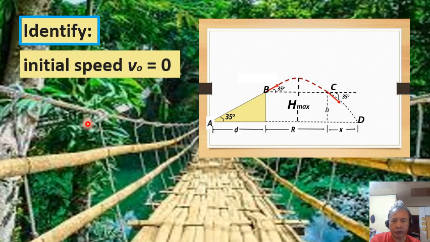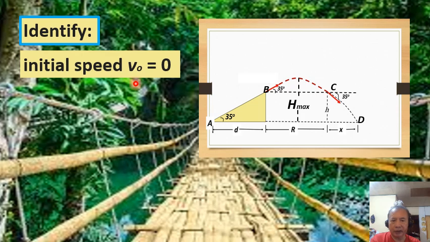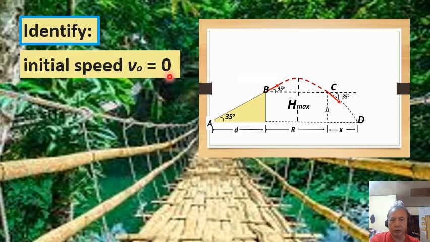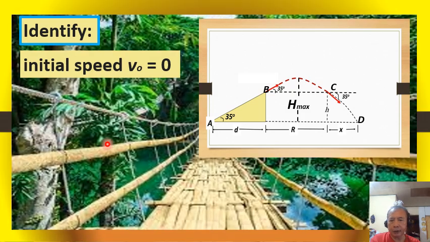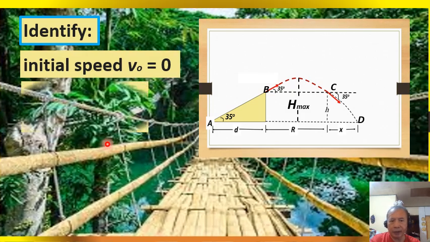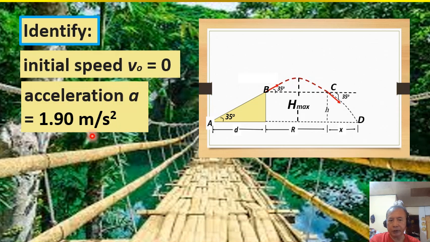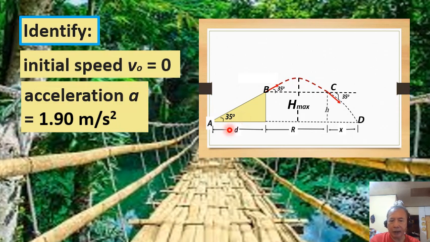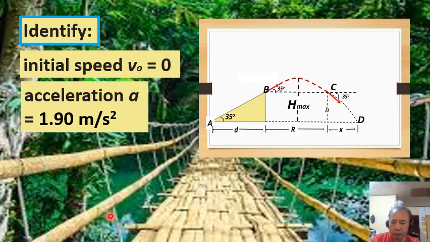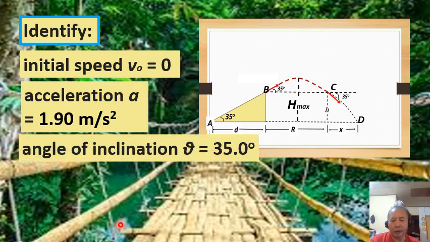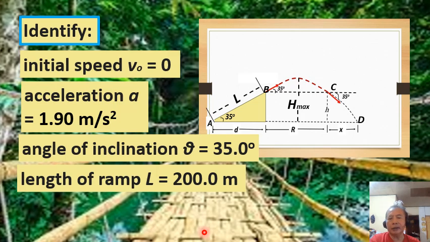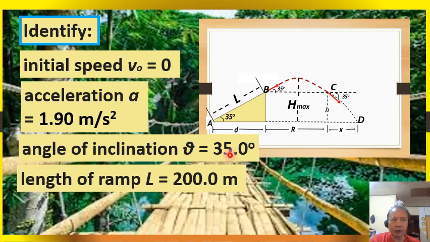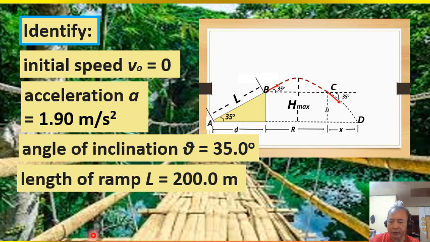The rocket is launched initially from rest, so the initial speed v0 is equal to 0, and the rocket accelerates at 1.90 meters per second squared along this incline or ramp, whose length is given as 200.0 meters, and the angle of inclination is 35.0 degrees.